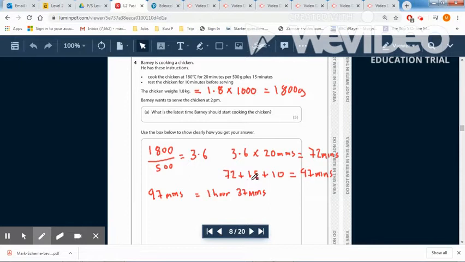So we need to go backwards by an hour and 37 from 2 p.m. So if we go 2 p.m., take away an hour, it's going to give us 1 p.m. And then we want to go backwards again by 37 minutes. So that's going to take us to 12:23 p.m.